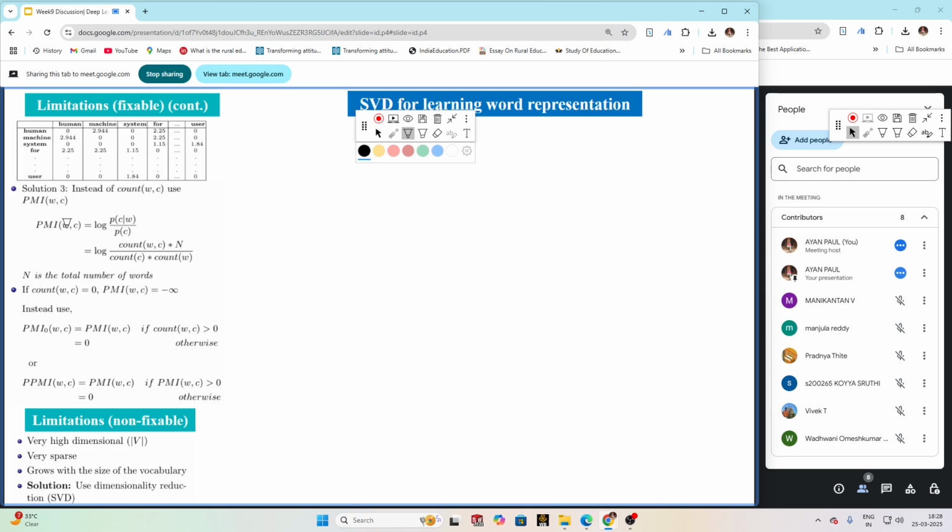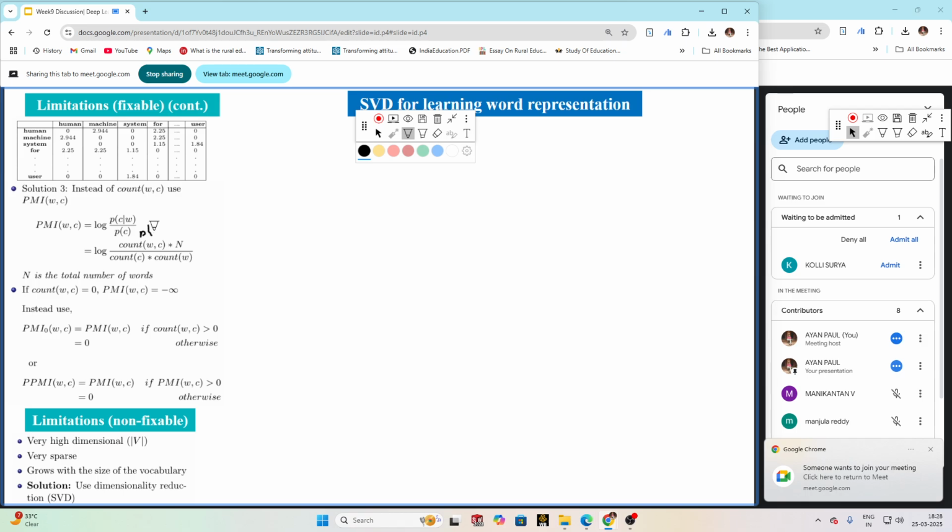This is the formula. There will be P(w) also here, I will make the correction. PMI is P(c given w) divided by P(c) into P(w).